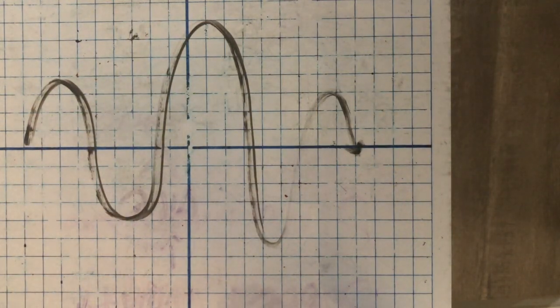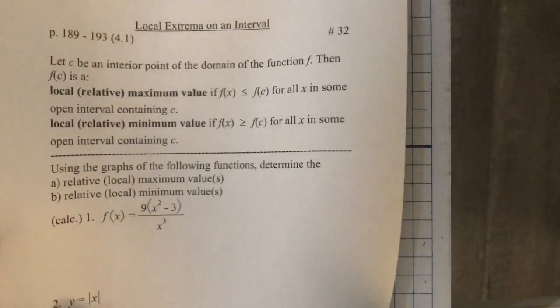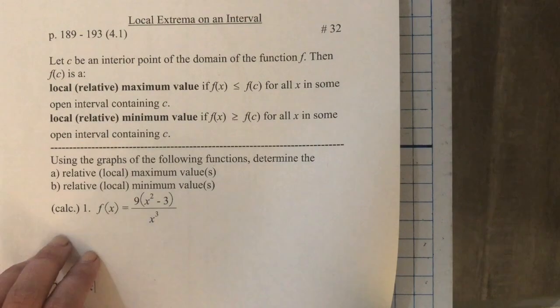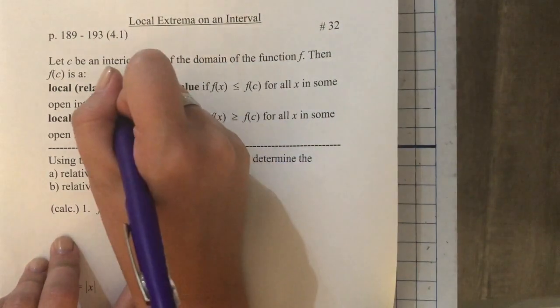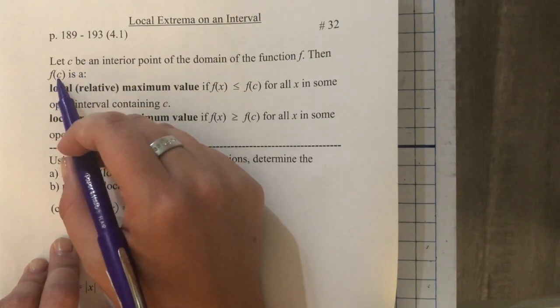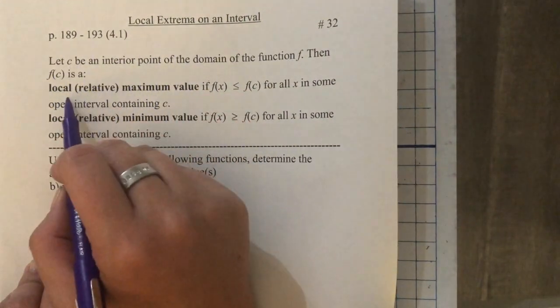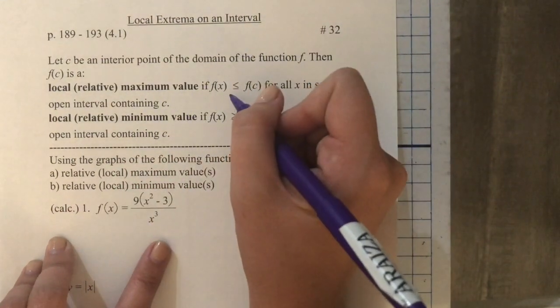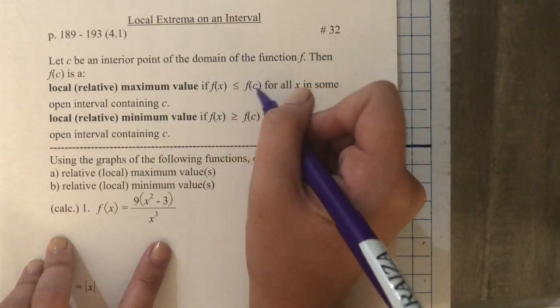So our definition, according to our note card, says let c be an interior point of the domain. So that just means some point on the inside of the function f. Then f of c, so that point, is a local or relative maximum value if f of x is less than or equal to f of c.